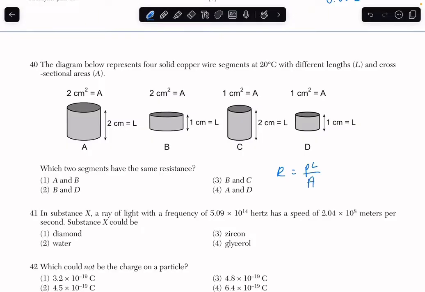So the resistivity of all of these segments is going to be the same because they're all made out of copper. So this is negligible. Now all we have to do is divide the length and the cross-sectional area to get all of these. So the resistance of this is 1, this is 0.5, this is 2, and this is 1. So that means A and D are the same. They have the same resistance.